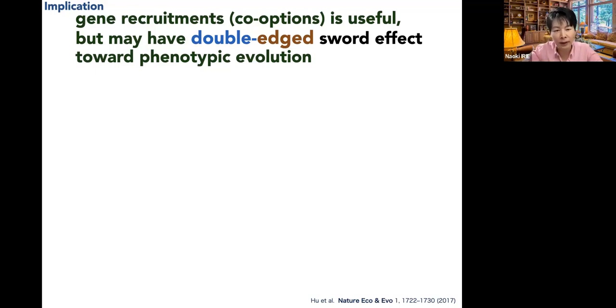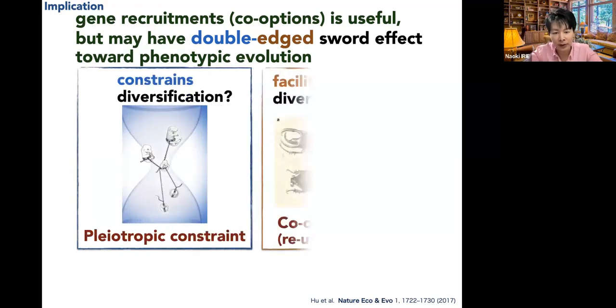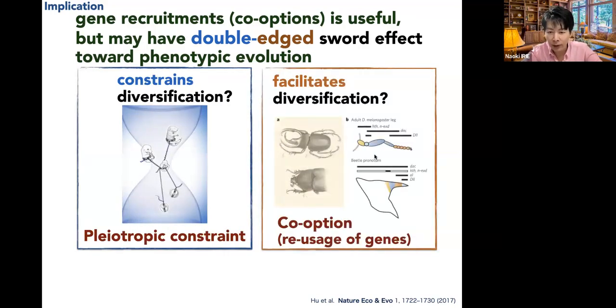But when we submitted this manuscript, the reviewer said, are you trying to overturn everything we have accumulated? For example, as I briefly explained in the introduction, when you reuse genes in different tissues, for example genes expressed in legs were reutilized to facilitate the evolution of new traits like beetle horns.